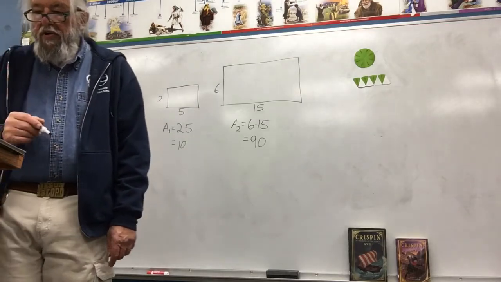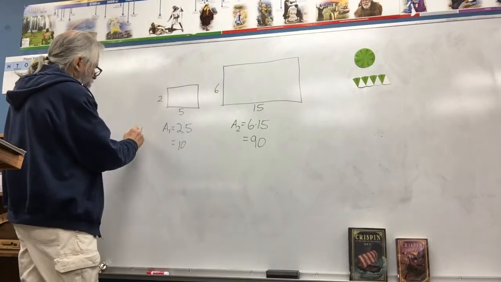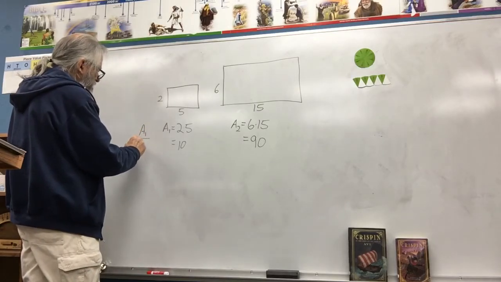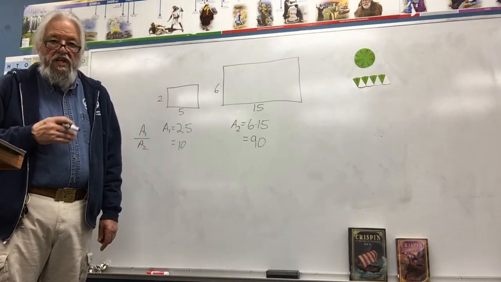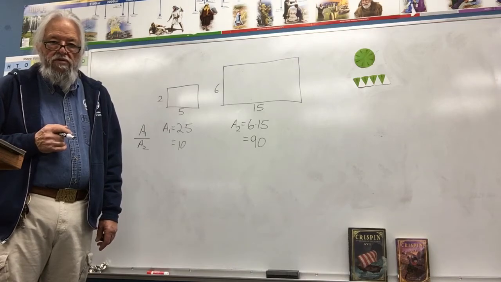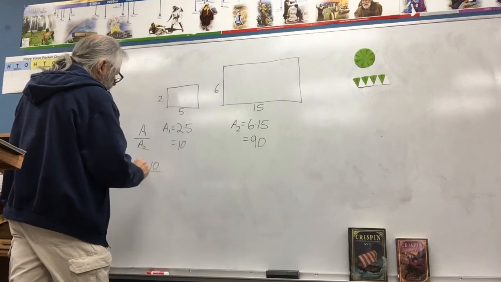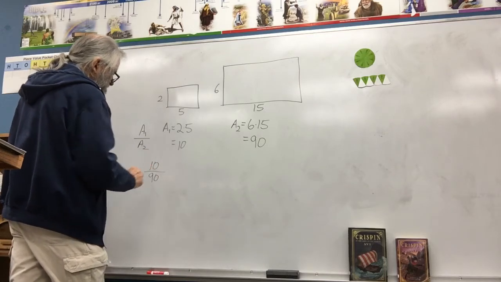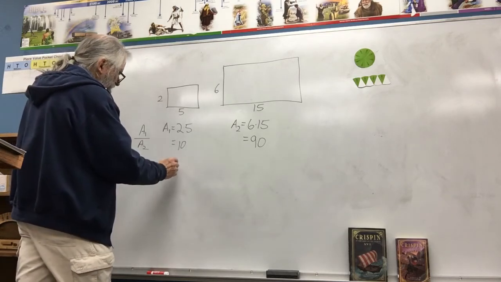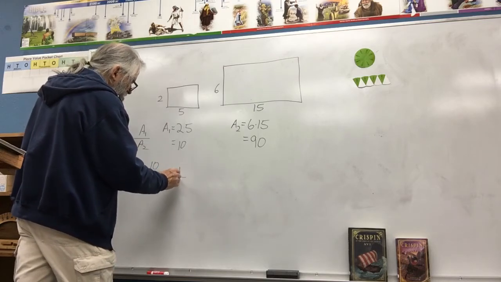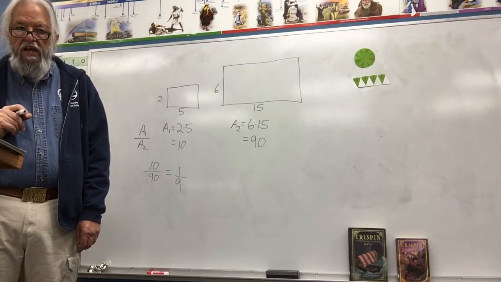Okay? So they're showing you that much, and then they're saying that area 1 over area 2, the area of 1 over the area of 2 is going to give you a ratio. Okay? So if I do that, area of 1 was 10, and area of 2 was 90. So if I simplify that, okay, that's a ratio of 1 to 9. Okay?